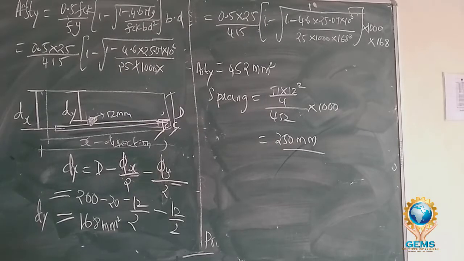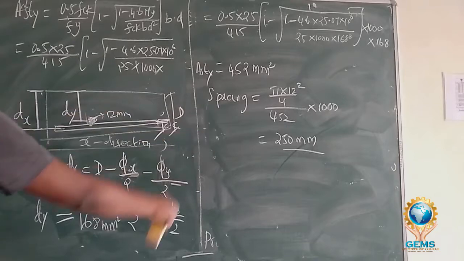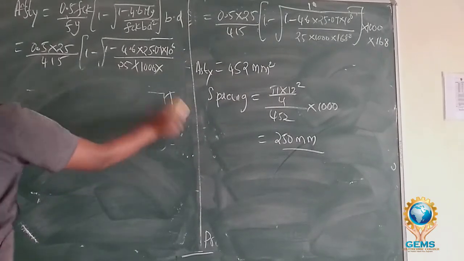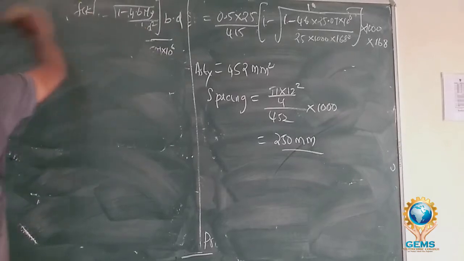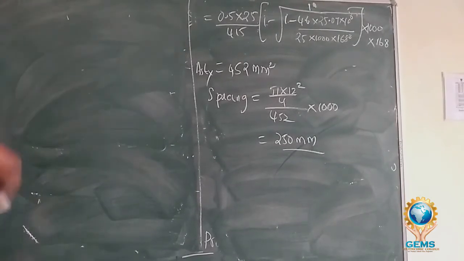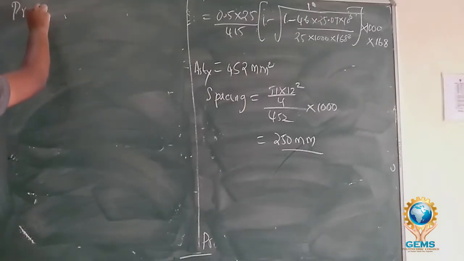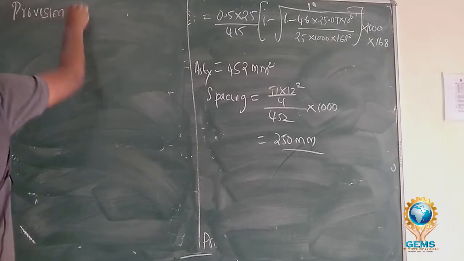So the next step is, after the spacing is calculated in X and Y, you have to calculate the provision of torsion reinforcement.